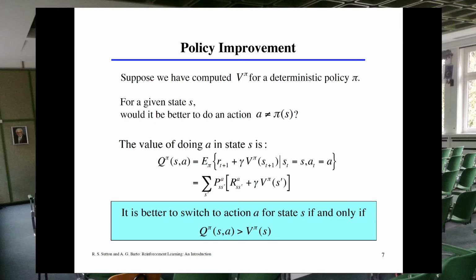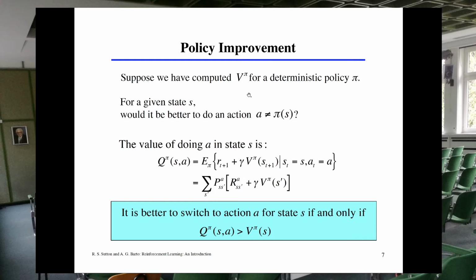So now let's talk about policy improvement. Suppose we have computed some value for a deterministic policy pi. For a given state S, would it be better to do an action that is different from the action suggested by the policy in that state S?